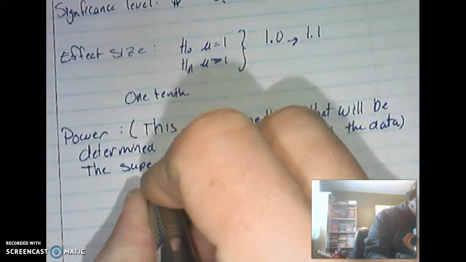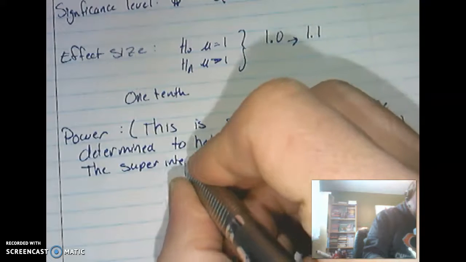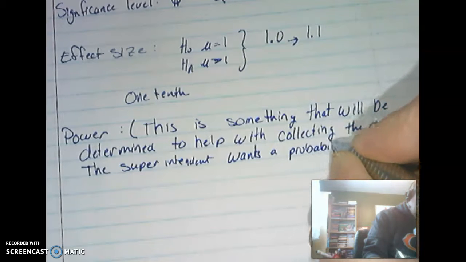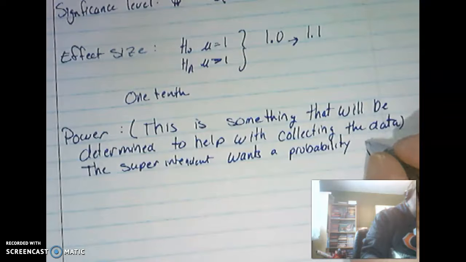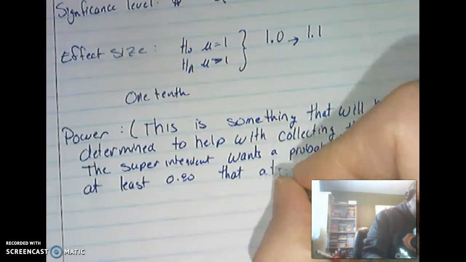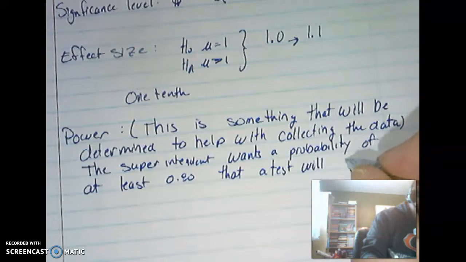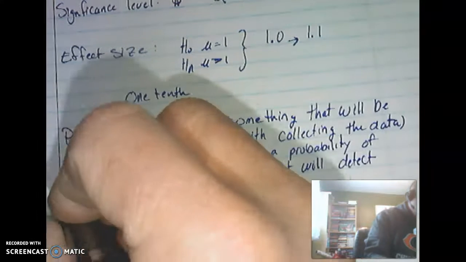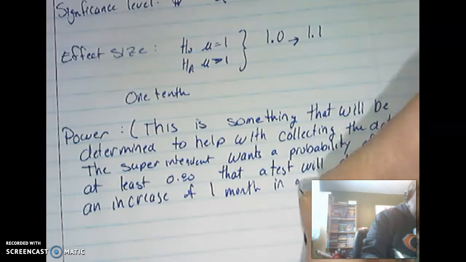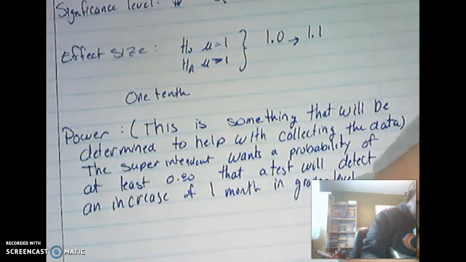So the superintendent wants a probability that a test will detect an increase of 1 month in grade level equivalent.